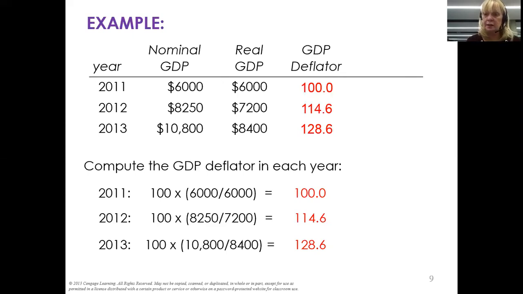The inflation rate now is the percentage change in the GDP deflator from one year to the next. So looking at 2011 versus 2012, there's a 14.6% increase in the GDP deflator. Considering 2012 to 2013, there's a 12.2% increase in the GDP deflator.